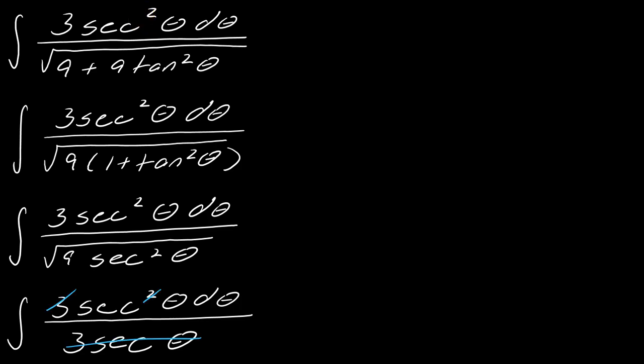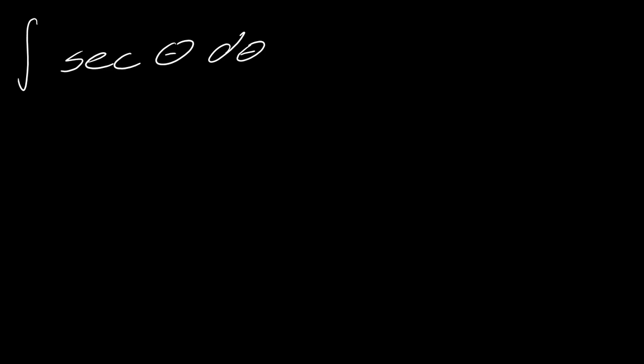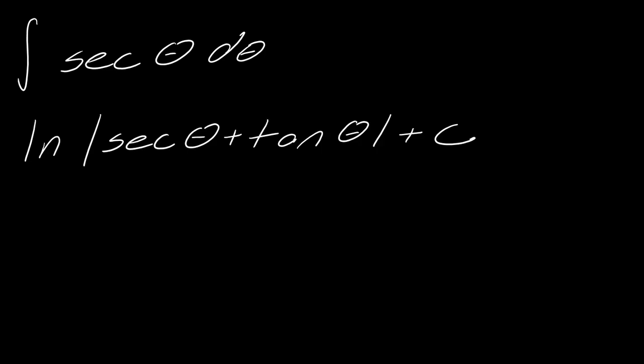What I can do next is cancel out the 3's, boom, boom, and I can cancel out one of these secant thetas. So this whole integral now just turns into secant theta d theta. From here, this is technically one of the integrals that in a lot of calculus classes you're just supposed to remember. You can, of course, use substitution to finish this, but I'm just going to state the formula: the natural log of secant theta plus tangent theta plus c.